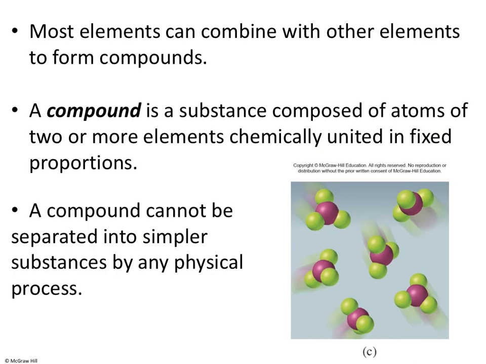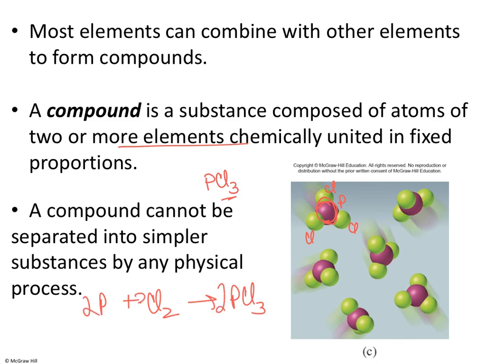A compound is a substance that has atoms in fixed proportions. So this could be like PCl3, where the purple could be phosphorus and it has 3 chlorines. If you had phosphorus and chlorine and combined them to make PCl3, that would be 2, 6, and 3.